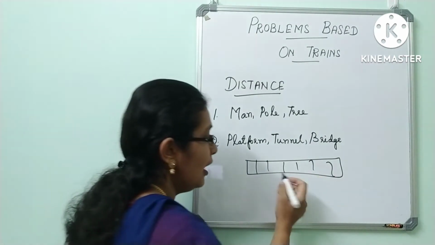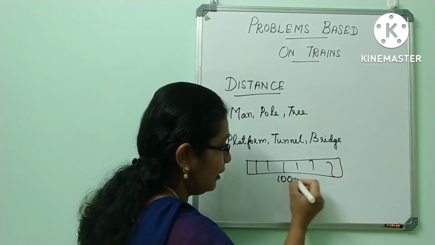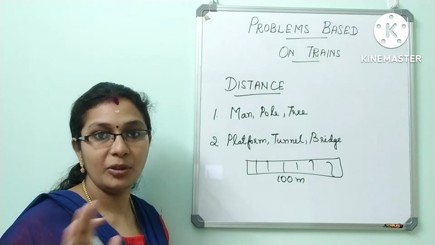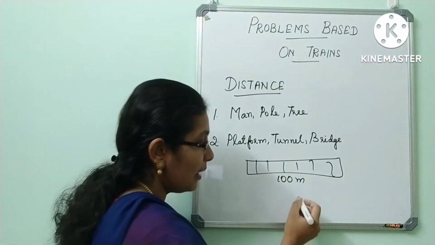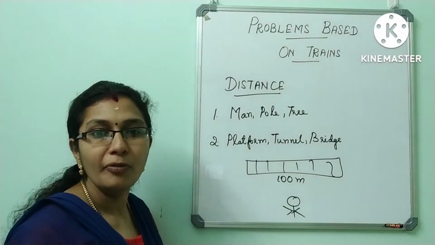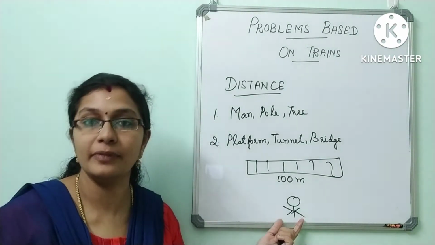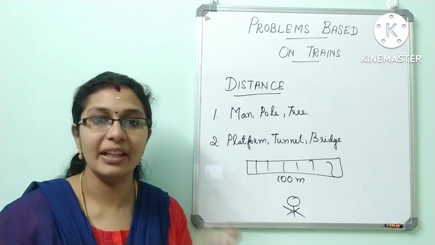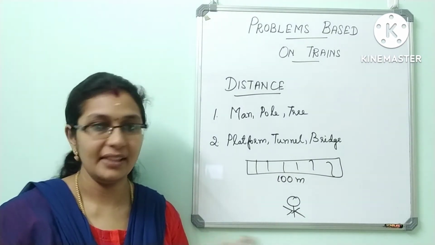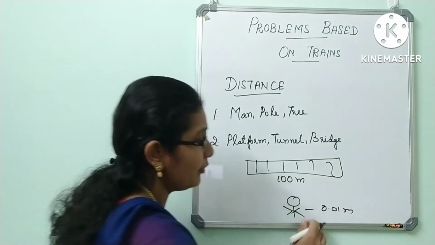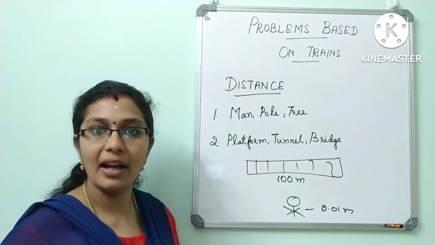So consider a train which is 100 meter in length. Length and distance are one and the same, don't get confused. And you have a person standing opposite. When you compare the length of this person to that of the train, this person's length is very small, correct? Just think this person may be 0.01 meter, which is very small when compared to 100 meter.